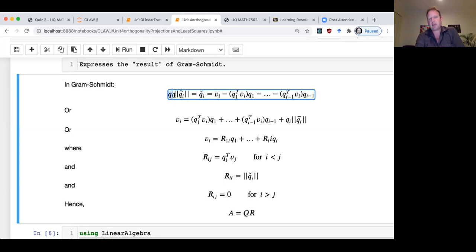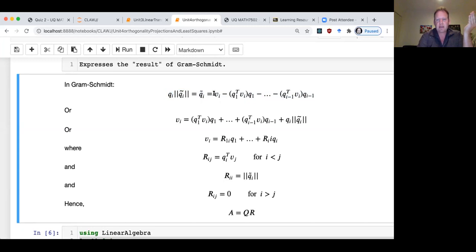So Qi times the norm of Qi tilde is this right-hand side. Now let's go the opposite way. Let's take this V and put it on one side of the equation, bringing all these negatives to the other side. So Vi is Q1 transpose Vi times Q1, plus up to Qi minus 1 transpose Vi times Qi minus 1, plus this last thing. That would be Vi.